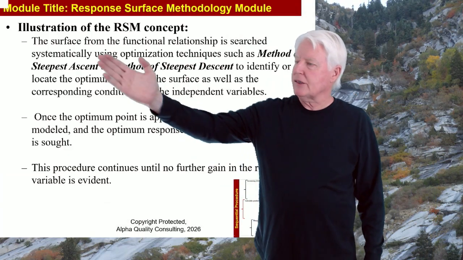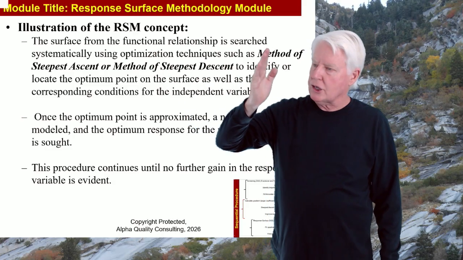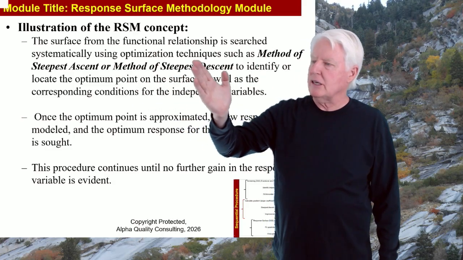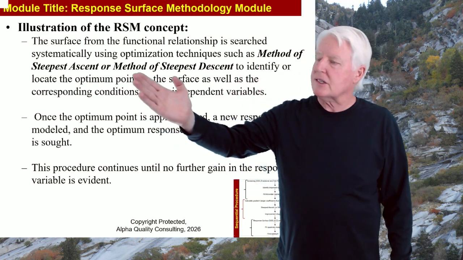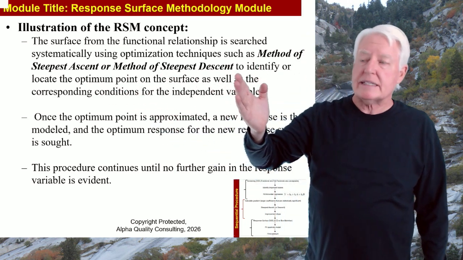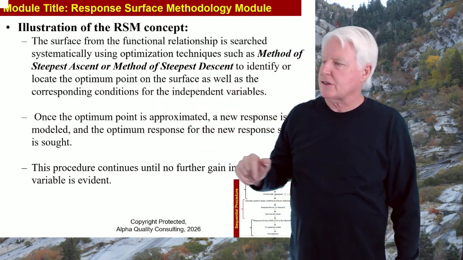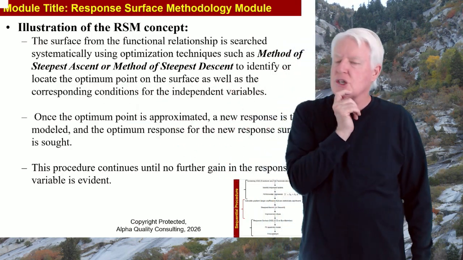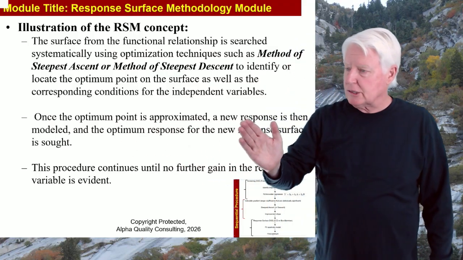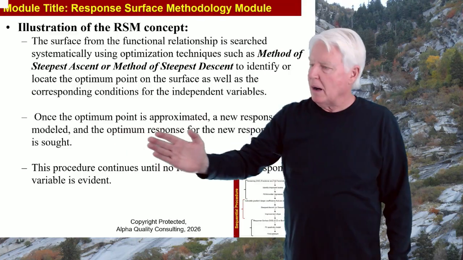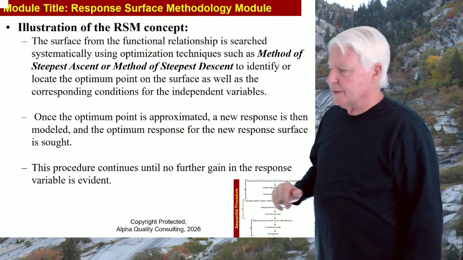Illustration of the RSM concept. The surface from the functional relationship is searched systematically using optimization techniques such as the method of steepest ascent or the method of steepest descent, to identify or locate the optimum point on the surface as well as the corresponding conditions for the independent variables. Once the optimum point is approximated, a new response is modeled and the optimum response for the new response surface is sought.